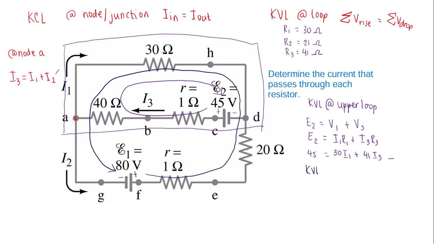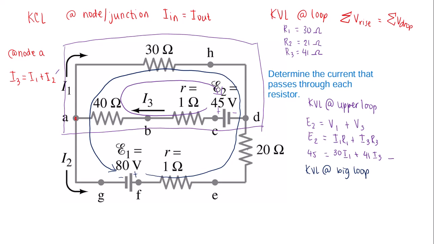So KVL at the big loop. What will be causing a voltage rise here? We can assume that whatever is going with the flow, going against the flow would be R1. And apparently our battery here causes a voltage drop.